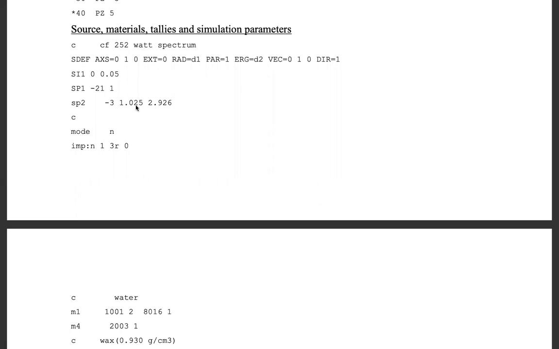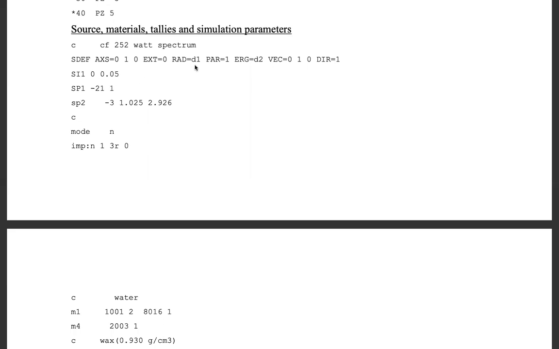So this is the definition of the source. It's along the y-axis, and I'm going to sample the radius of the source from distribution 1. It's a neutron source. It has an energy distribution 2, which I told you about. It is traveling in the y direction, and it's at 90 degrees to the x and z.